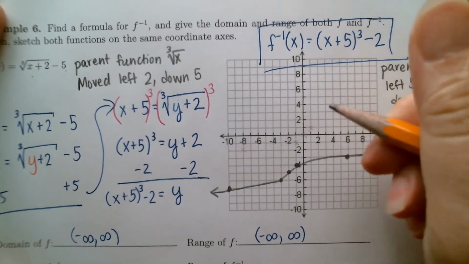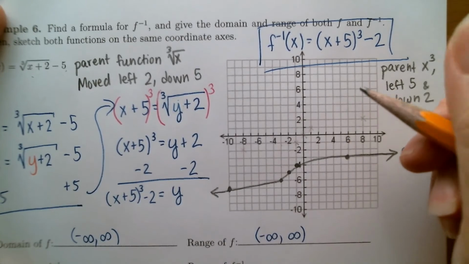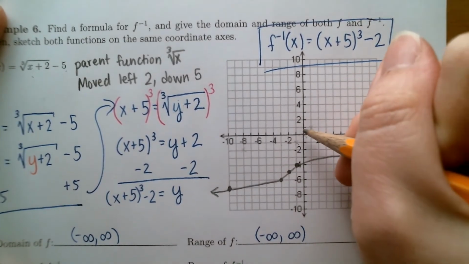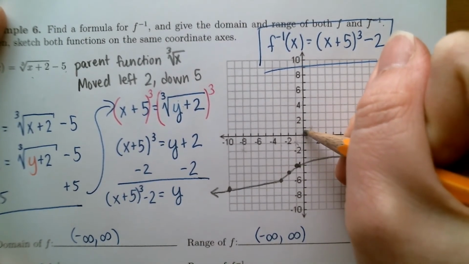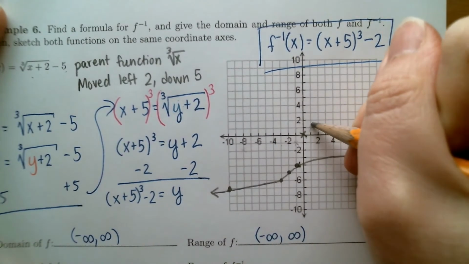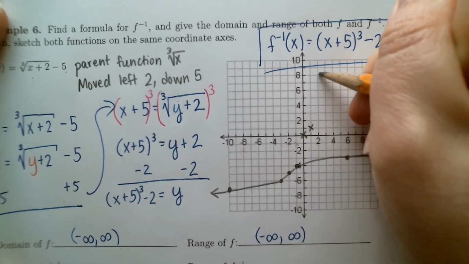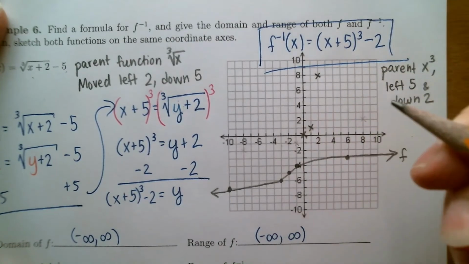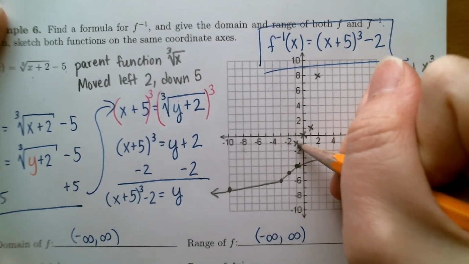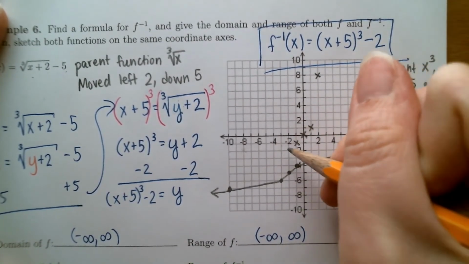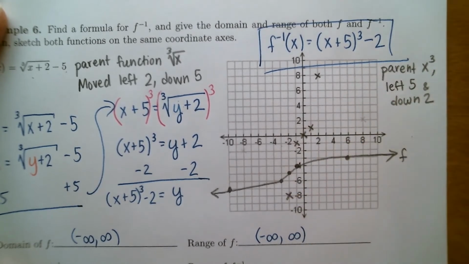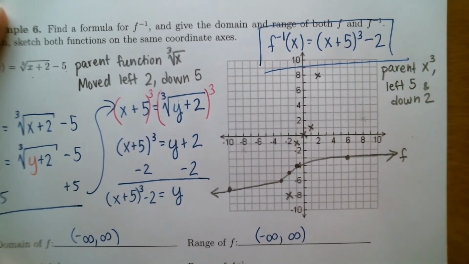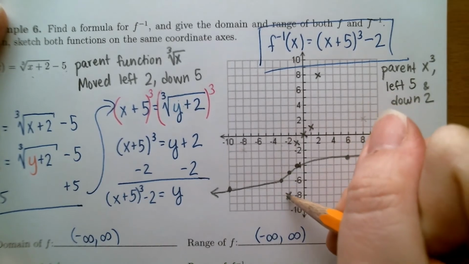I'm going to put little x's to denote the points on the parent function x³. x³ goes through (0, 0), (1, 1), (2, 8), and then it also goes through (−1, −1) and (−2, −8). So each of those, we need to go left 5, down 2.